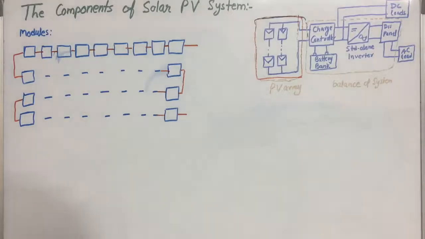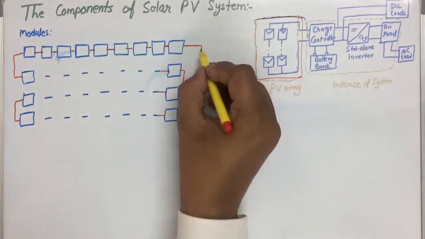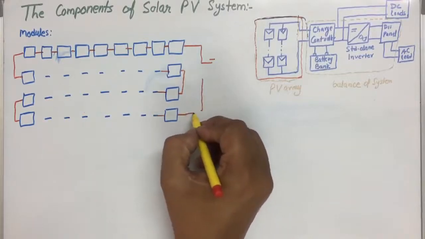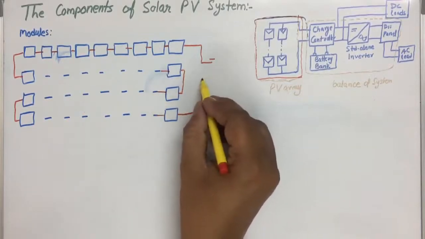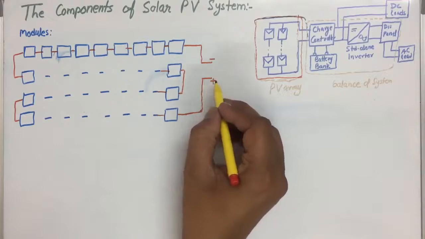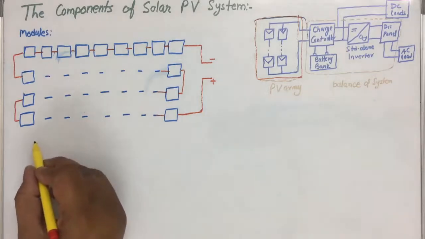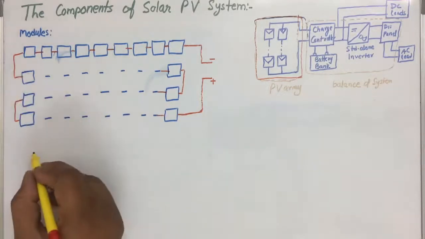Now at this terminal we will get one potential, one polarity, and here it will be positive polarity of the module. As the cells are connected in series and there are 36 cells, for example, consider one cell first.